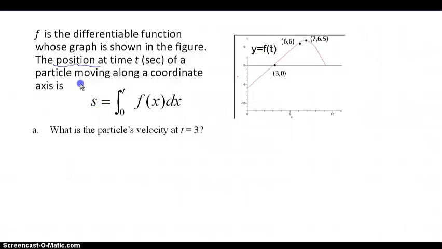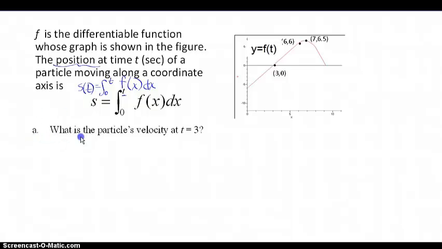Here we aren't shown that it is s of t, but we can clearly see from the notation that it is s of t, and since we can't use t for our dummy variable, they've chosen to use x, but they could have used any dummy variable here at all. Don't let notation trip you up.